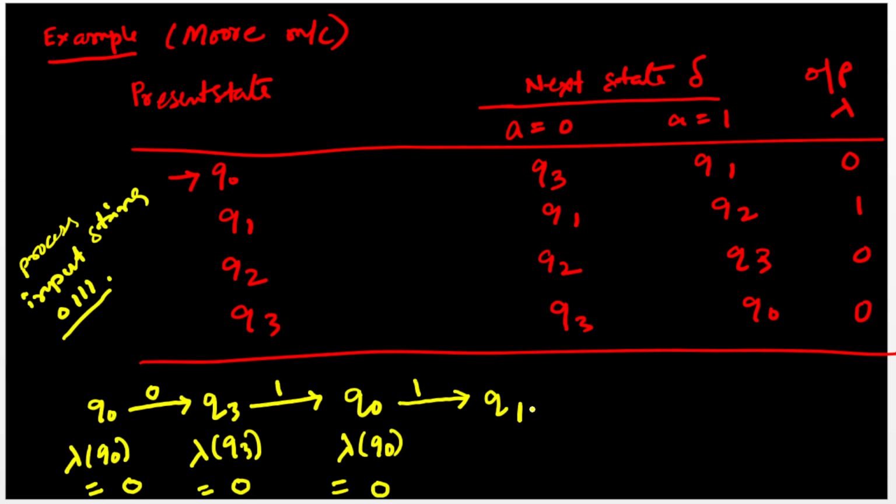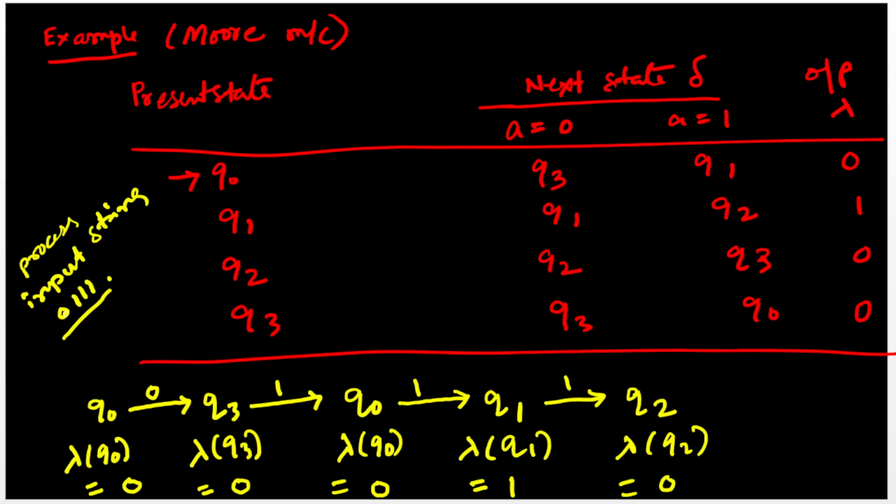While you are in q1 and your input is 1, you are in q2 state. While you are in q1, what is the output? Lambda of q1 is basically 1, and while you are in q2 state, lambda of q2 is 0.